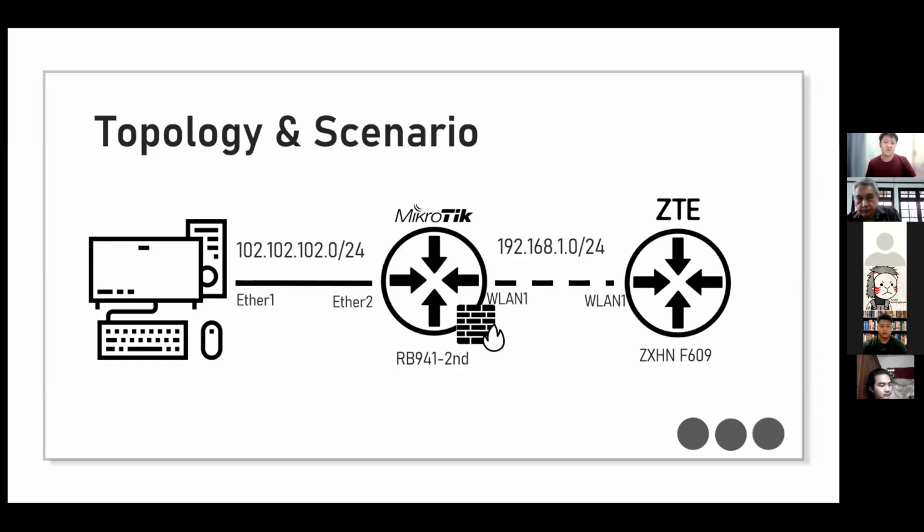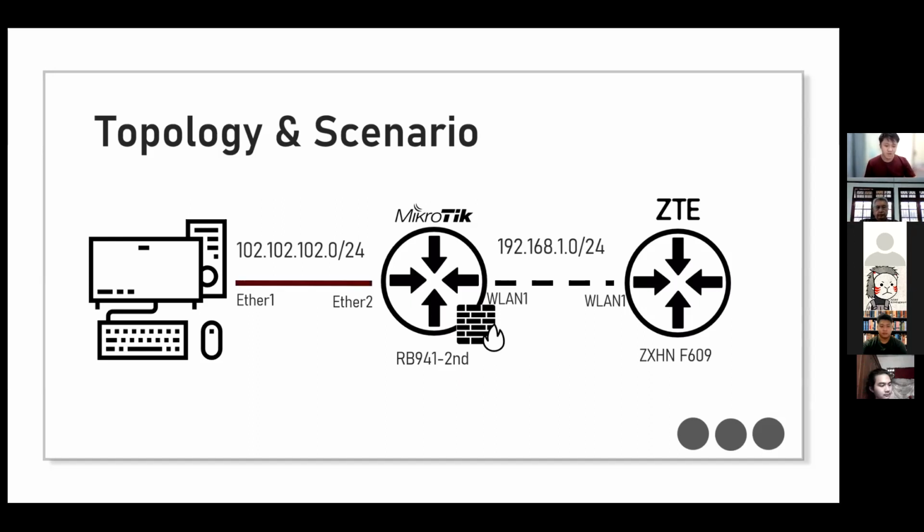So I will tell you about the topology and the scenario in which I run the TCP attack. I run the attack from my computer on Ethernet 1. I will attack Ethernet 2 of a MikroTik RB941 router in the network 102.102.102.0.